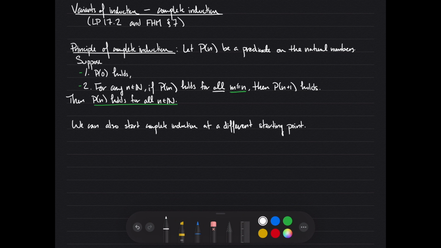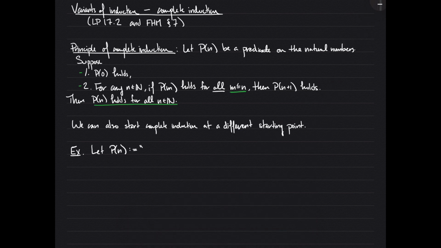So let's look at an example that actually combines these two variants of induction. Let our predicate P of n be the statement that n is a product of primes.